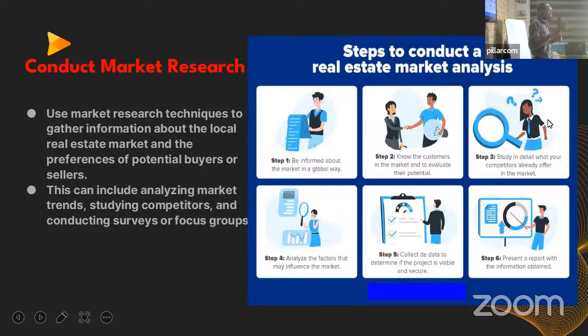Or is it a particular location? Maybe everybody is moving to Aja, everybody is moving to Banana Island. It's like these customers now prefer houses that are close to the beach. Okay? These are the kind of analysis that you consider.